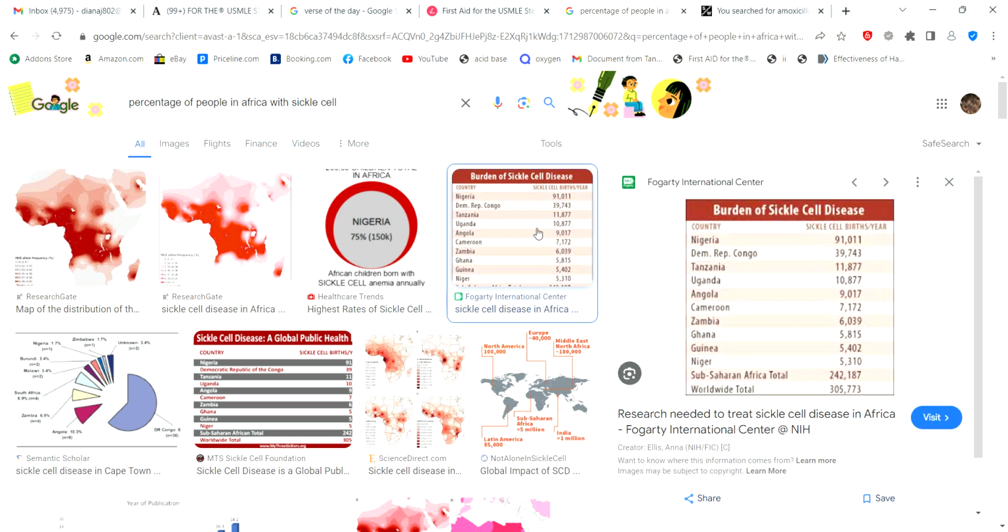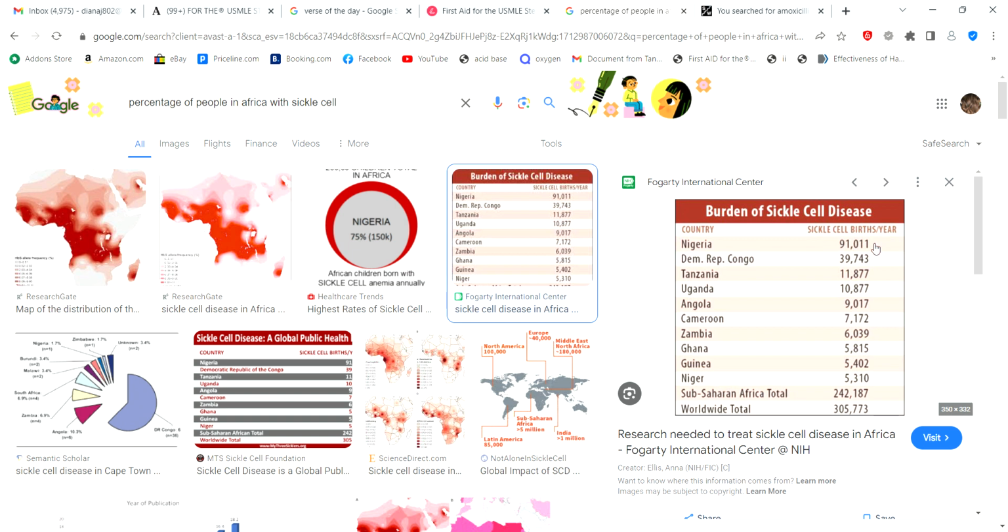In Nigeria, it seems to have the highest rates of sickle cell. So think of Nigeria. Majority of people in Nigeria do not get Plasmodium falciparum because having sickle cell disease is protective against Plasmodium falciparum. Okay. All right.